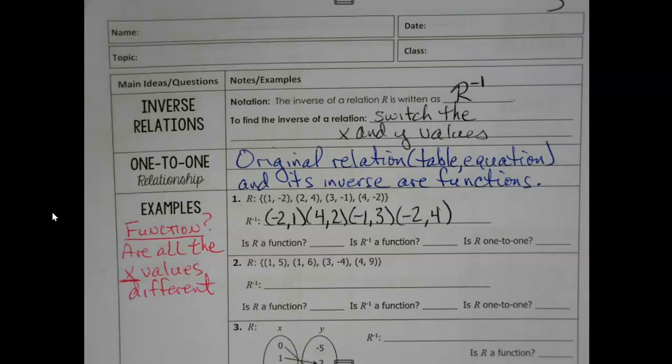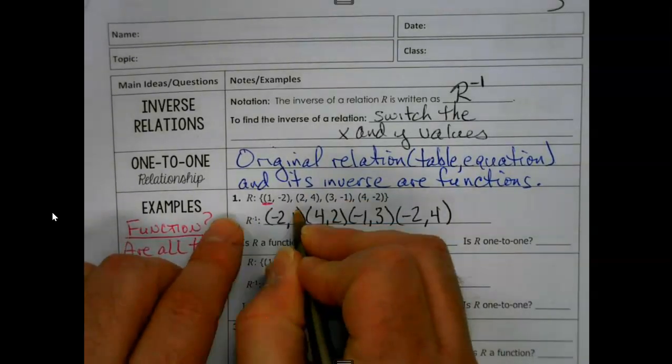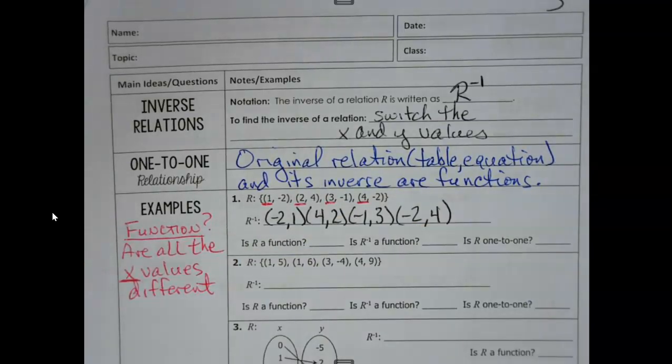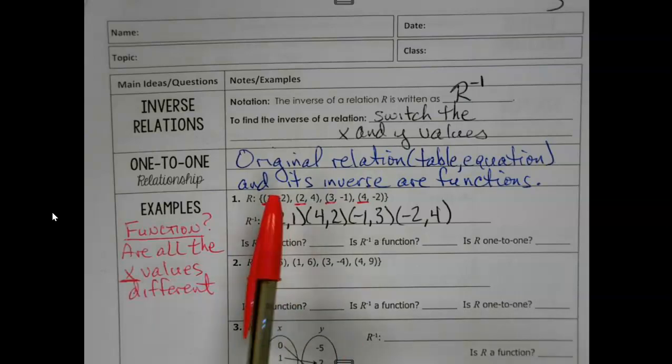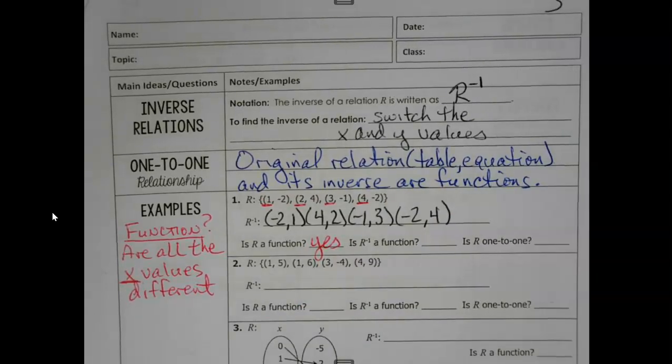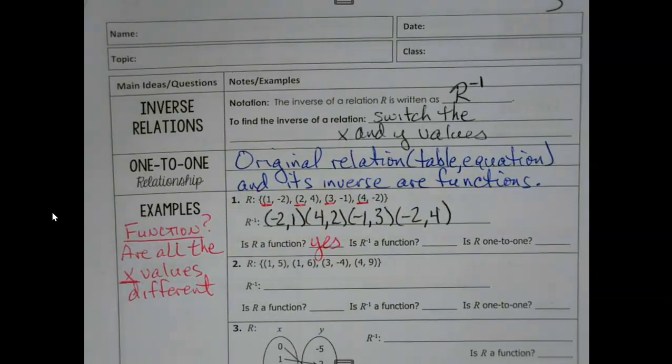You're like, well, wait, what? So in the original here, if all I look at are the x values, as long as they're all different, last I checked, 1, 2, 3, and 4 are all different, that's going to be a function. That's good. It passes the test.